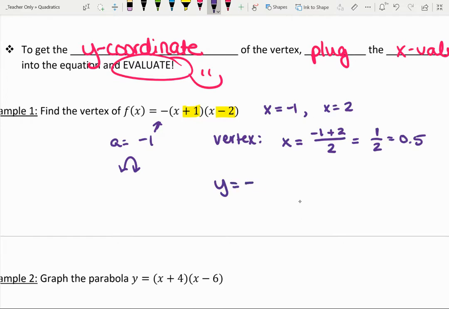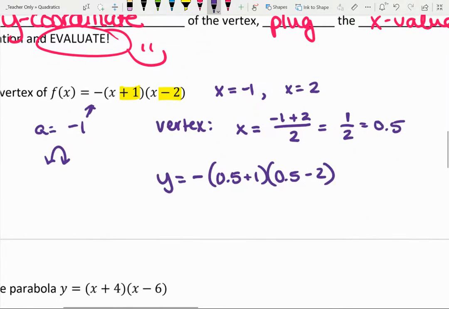So we have part of our vertex, and now we need the y value. So we're going to substitute 1/2 or 0.5 in directly to our equation, 0.5 plus 1 and 0.5 minus 2. Now, I like to simplify everything first, right? The order of operations says that we should simplify our parentheses first. So I'm going to have negative 1 out in front, 1.5, and then 0.5 minus 2 is negative 1.5.